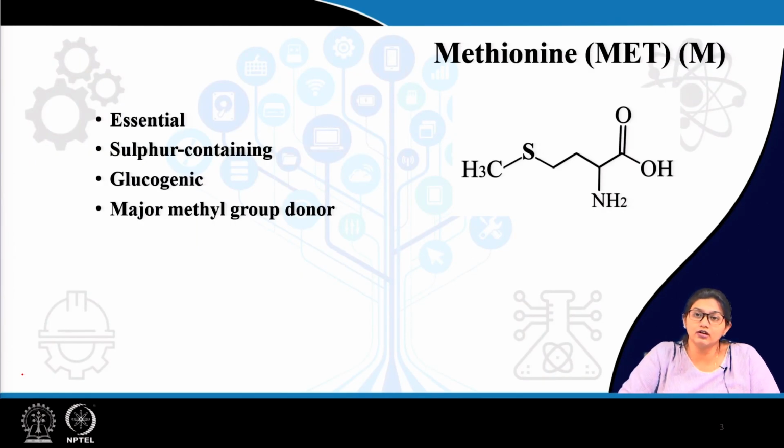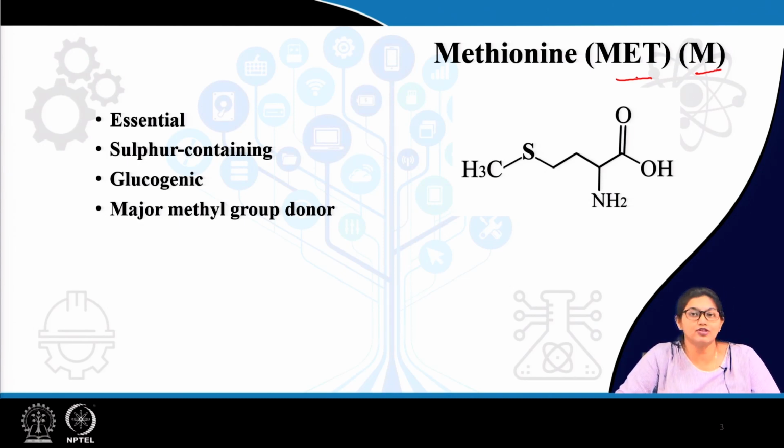So, methionine, the amino acid, is represented as Met or M. This is the code for how amino acids are represented. Now, methionine is an essential amino acid, and remember the characteristic of essential amino acids is that they are not synthesized in our body; they are obtained through diet.